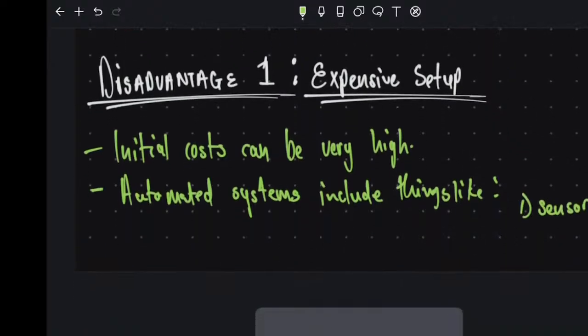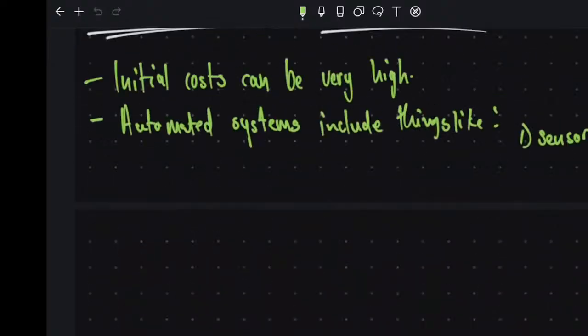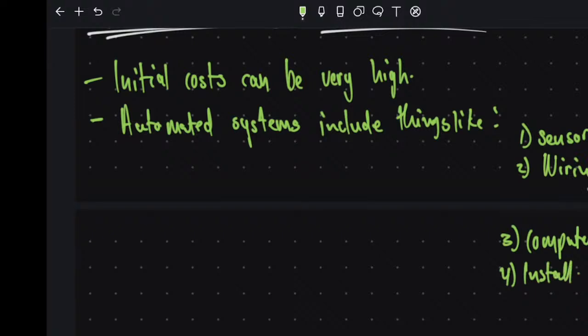Automated systems have things like sensors. They have sensitive wiring. They have computers. And they have the installation job. The installation of this. All this included. Of course, the initial cost will be higher.